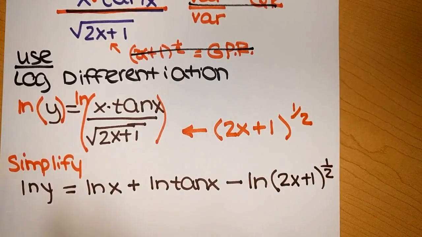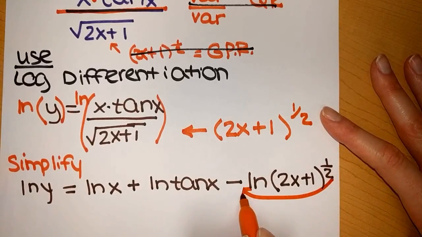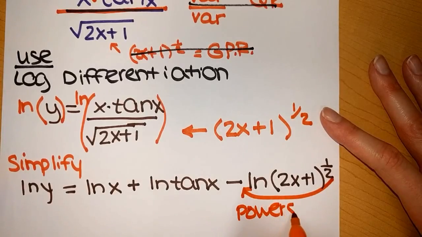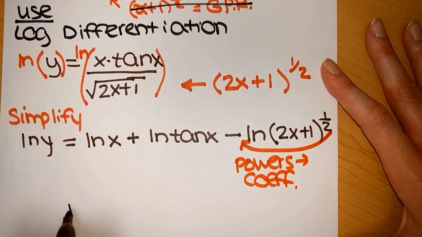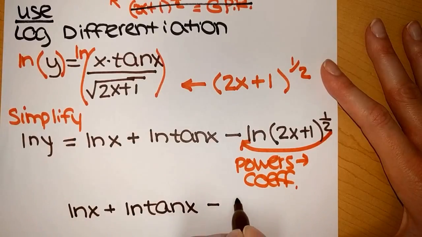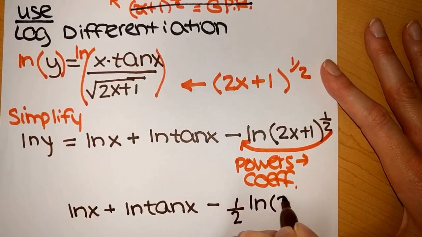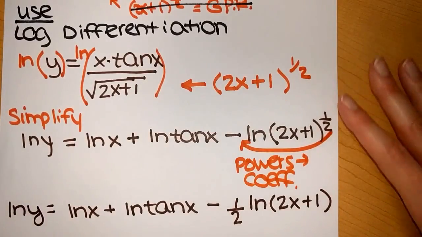All right, so now I have used the multiplication property, I've used the division property, and now I'm going to bring this power down as part of my simplification. So the powers will become coefficients. So this will become natural log of x plus natural log tan x minus 1/2 natural log of 2x plus 1 is equal to the natural log of y.